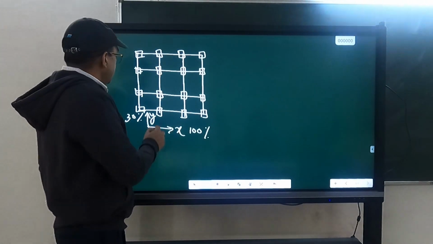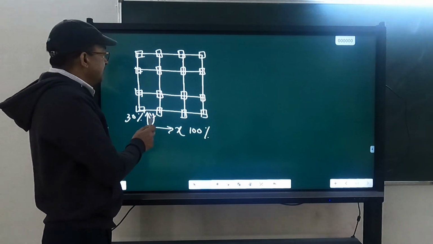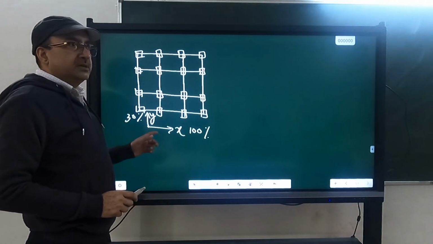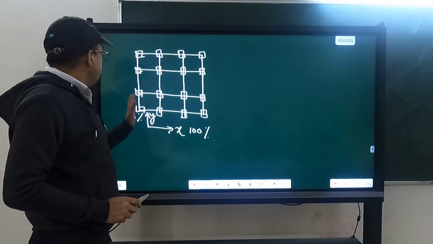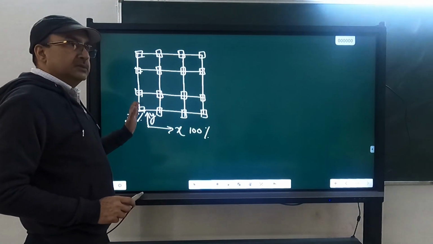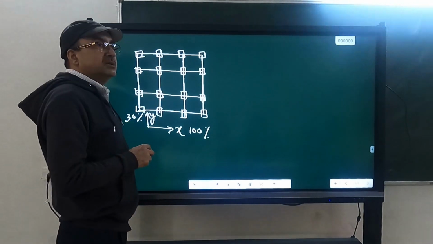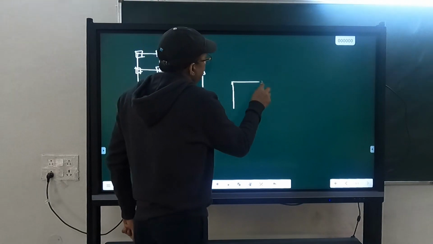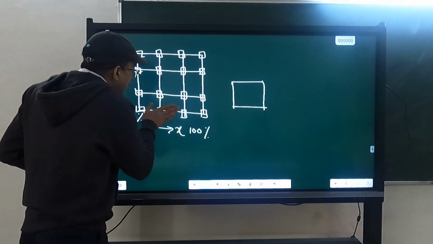What does that mean? These beams which are along X will be subjected to moment when earthquake in X direction is considered. These beams will be subjected to moment when the earthquake in Y direction is considered. But any column here will be subjected to moment when I am considering earthquake in X direction.